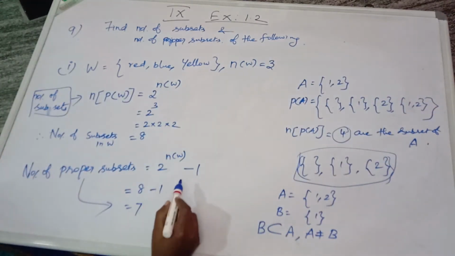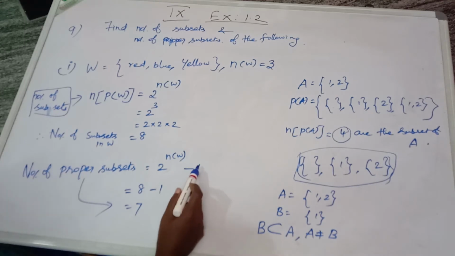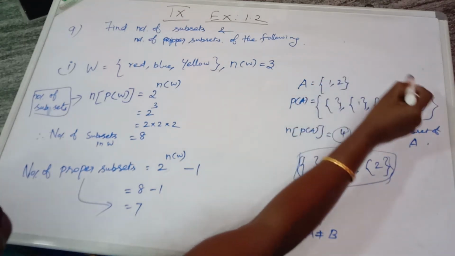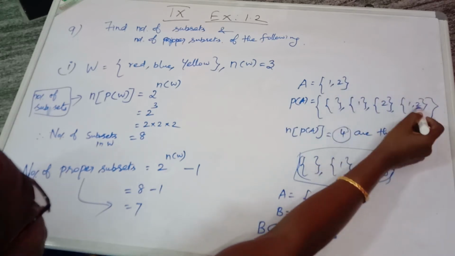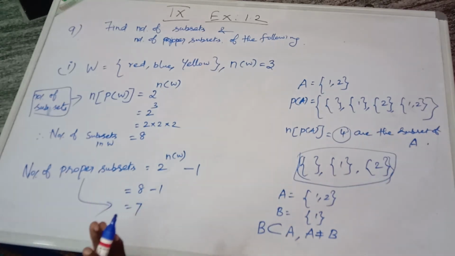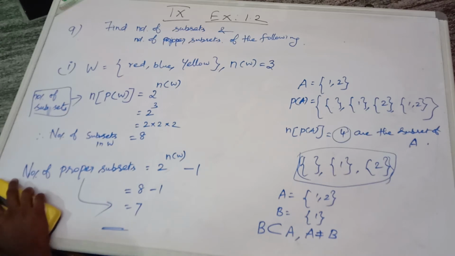So we have to subtract that 1, the given set we have written as a subset. If you subtract it, then the rest of the subsets are the proper subsets of the given set. Okay, so now you can see the second example, the second division.